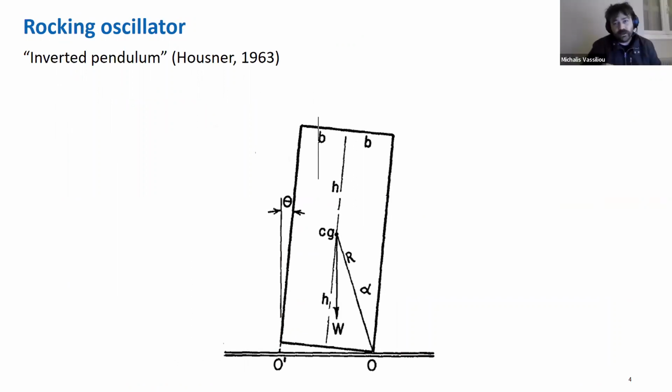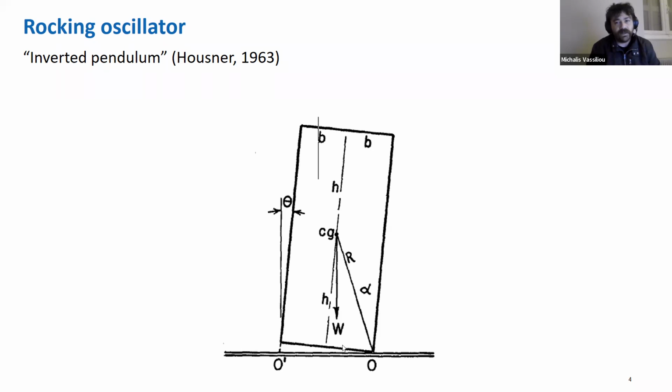He assumes that there is a point contact. And he also assumes that when it impacts the ground, all the impact forces are concentrated here. Which didn't make a lot of sense to me, because I guess that when you hit, it's not that there's nothing going on here.